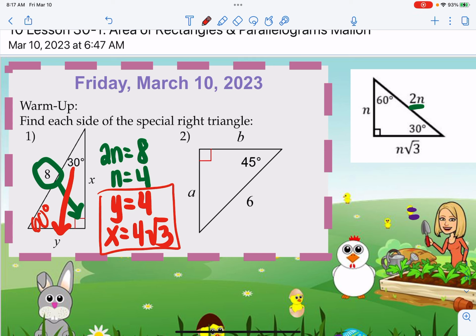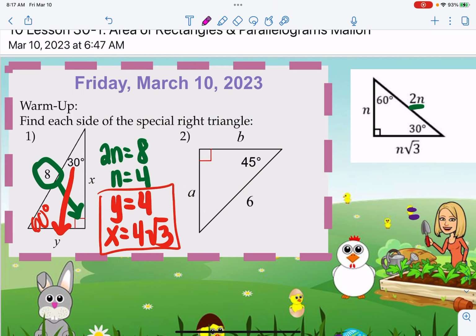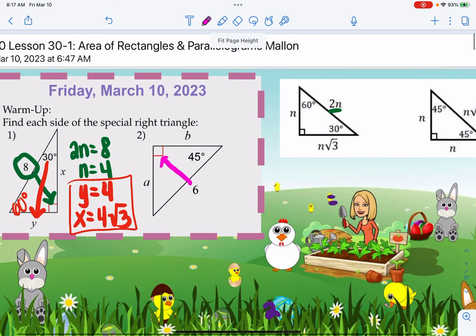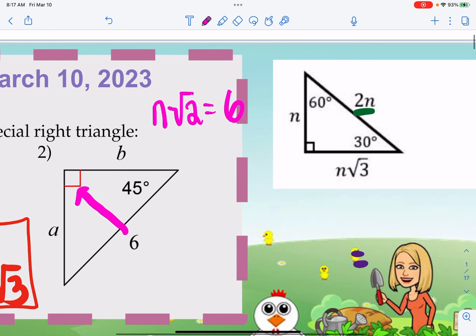For number 2, you're looking at which angle is across from the side that's labeled. Across from 6 is your 90 degrees in a 45, 45, 90. That's going to be n root 2. So I'm going to set n root 2 equal to 6 and solve for n by dividing by root 2. You get n equals 6 over root 2.